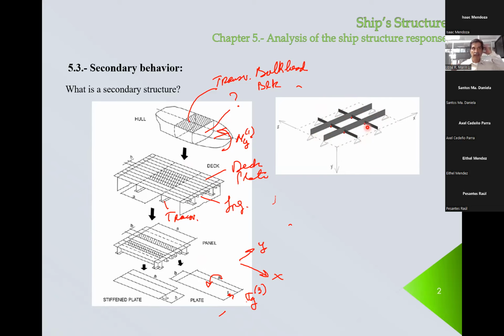Now, if we remember, in chapter 1, we reviewed beam theory, okay? And what we have to do is we have to consider that in the points of connections, okay, there are some quantities which are common, okay? For example, you can assume that the girder is supporting the stiffener, right?